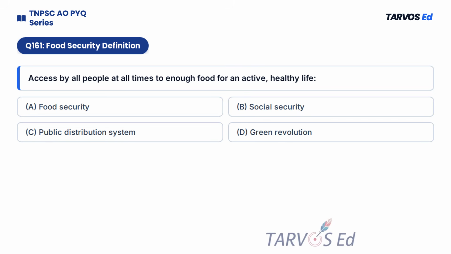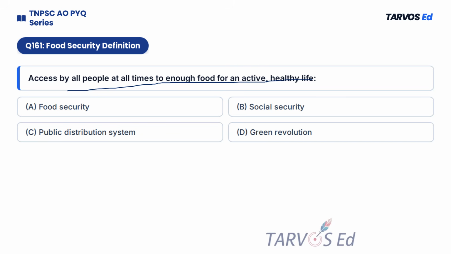Question 161. It is on development economics. Access by all people at all times to enough food for an active, healthy life is called as. It is a direct factual question. I think I need not explain much about this question. So, option A, food security, B, social security, C, public distribution system, and D is green revolution.